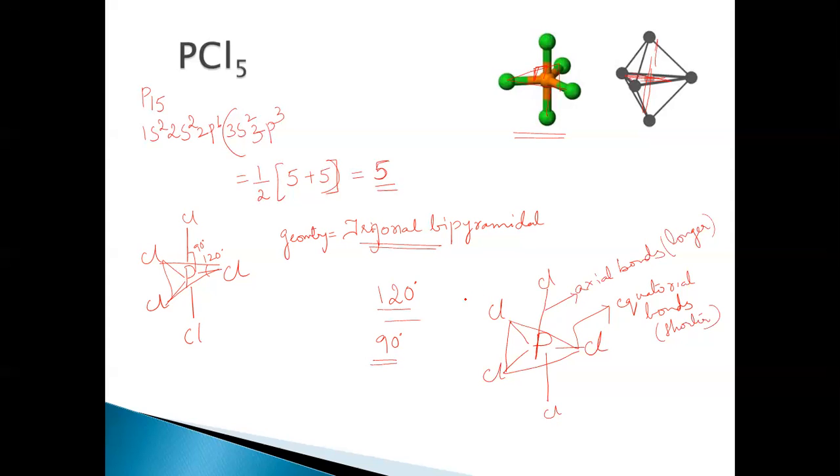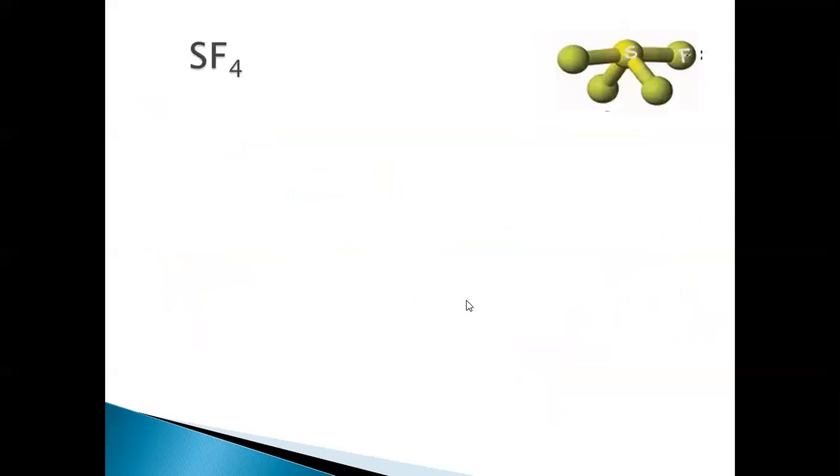Let's look at one more example, SF4. This sulfur has atomic number 16, so it is 2, 8 and 6. So the outermost electronic configuration is 6 again. So half into 6 plus 4, where 4 is the number of atoms it is bonded to and 6 is the number of valence electrons.